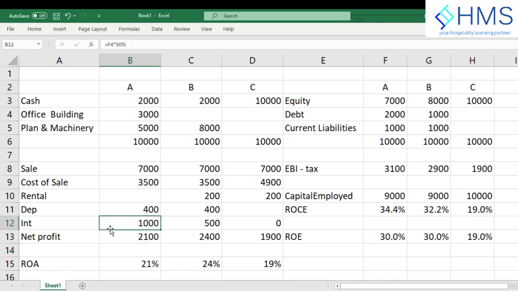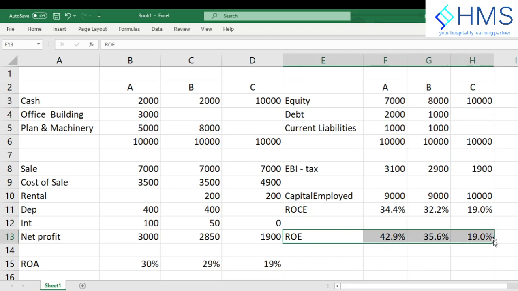So whenever it goes higher than the return on assets, it will always be better to finance through equity. But if your interest rate is lower than your return on assets, means you are able to generate much higher return compared to what you can finance outside, you should use the debt, you should use the leverage in order to increase the value for your equity shareholders. So that's the implication for equity shareholders.